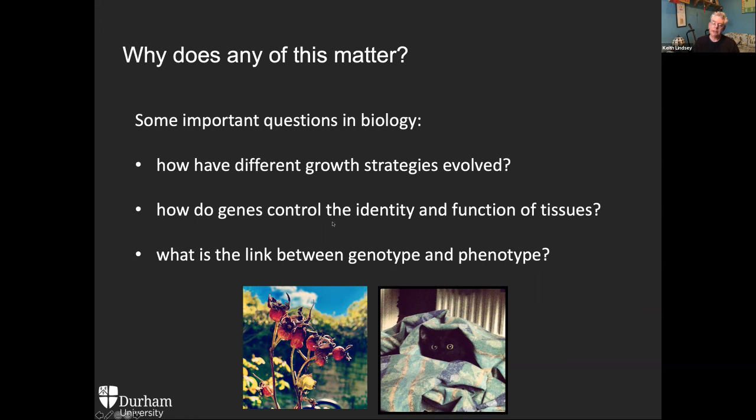How do the genes control the identity and function of these tissues? And what is the link between genotype and phenotype? And these are big questions in biology, whether you're a plant biologist or an animal biologist. And we're starting to be able to address these by different strategies.